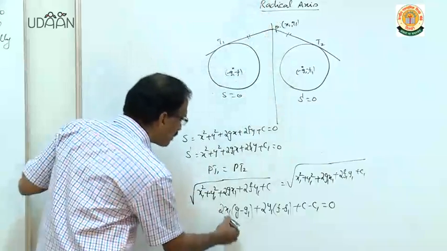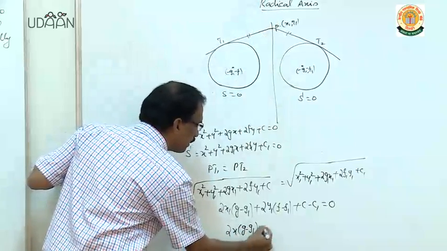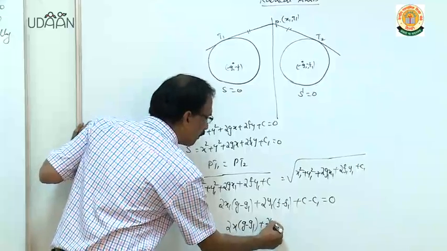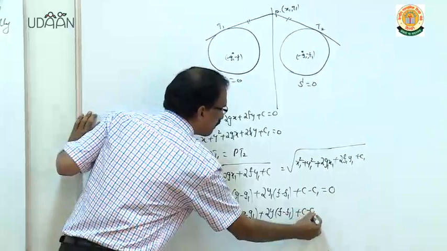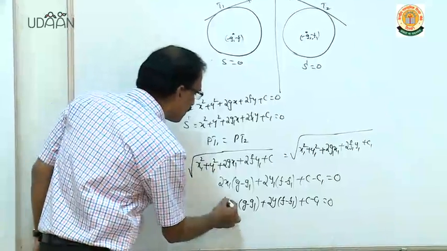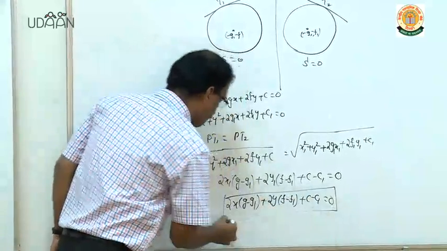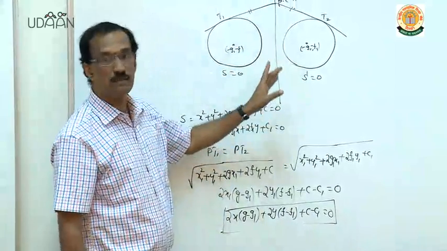Now, what is the equation? 2x into g minus g1 plus 2y into f minus f1 plus c minus c1 equal to 0. This is the required equation of radical axis. So, the radical axis means what?